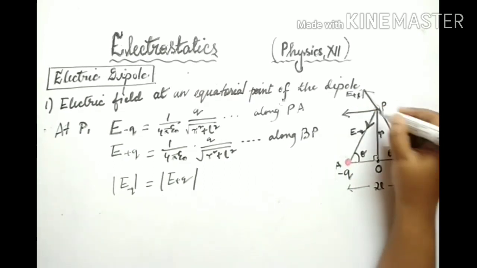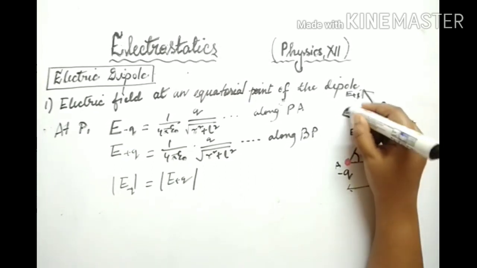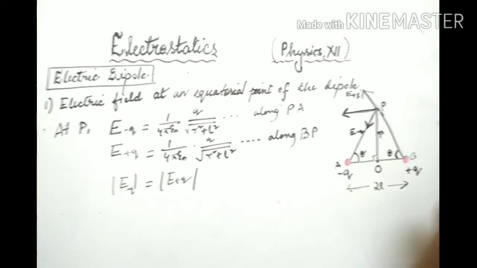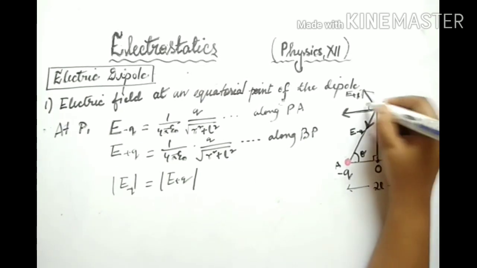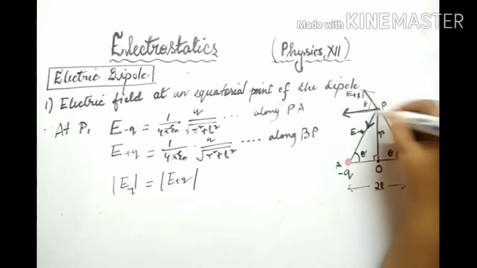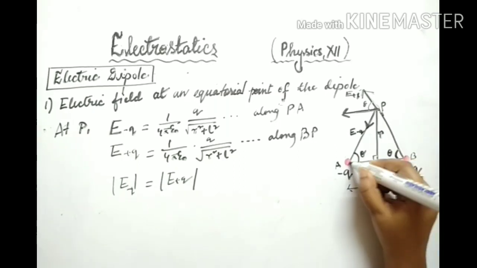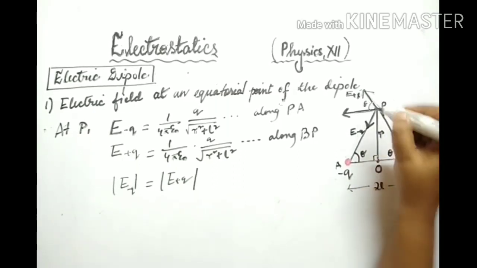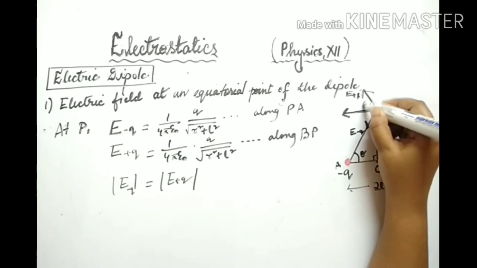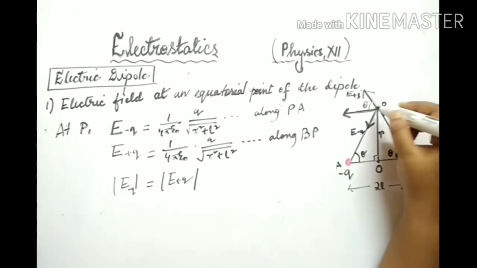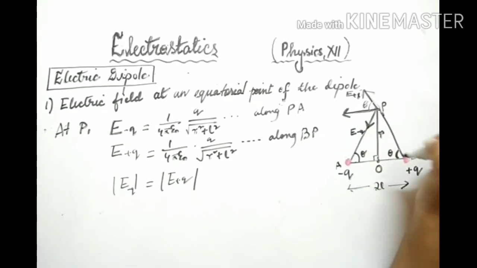The resultant vector will be along this direction. If this is theta, this is also theta, corresponding angles, if you imagine these two lines to be parallel.